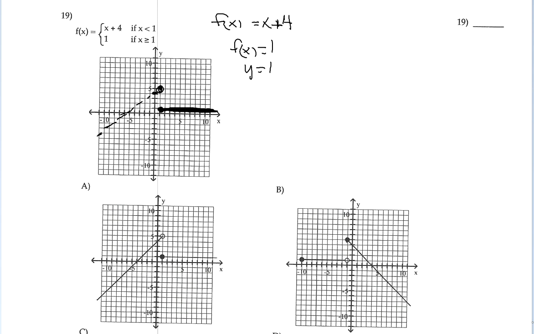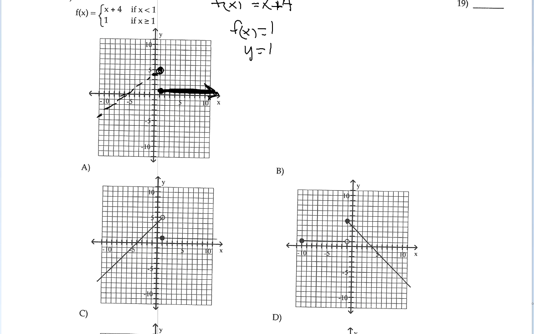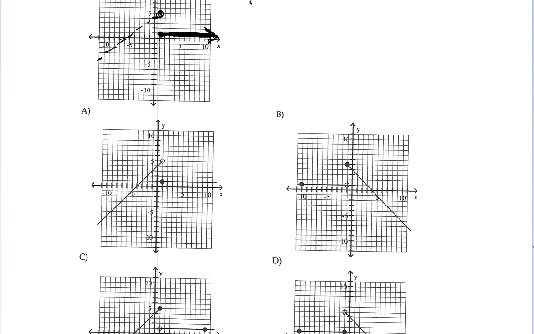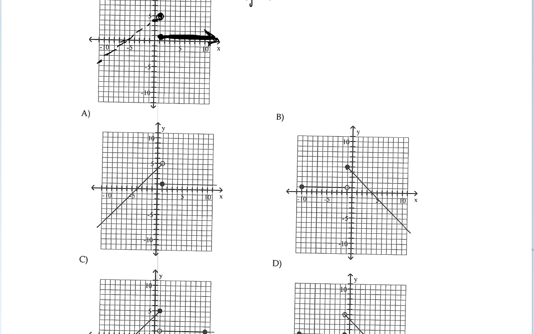Okay, so look at it like that. So there's the graph, and we'll match it up to, which one is it? Looks like A here, right? It must be A. Open circle. There we go. So it would be A.